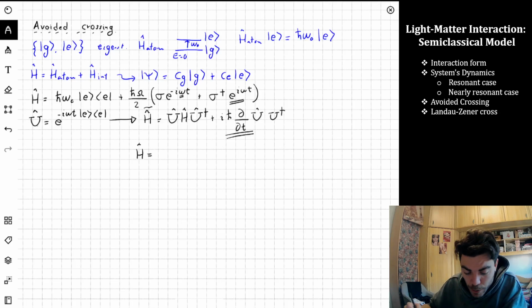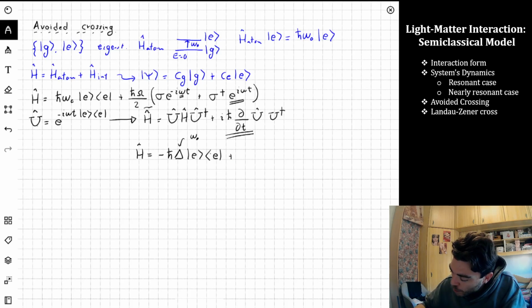If you just apply this transformation right now, one gets the following Hamiltonian. One now gets the detuning here. Before it used to be omega 0, and now the time dependence has been removed.